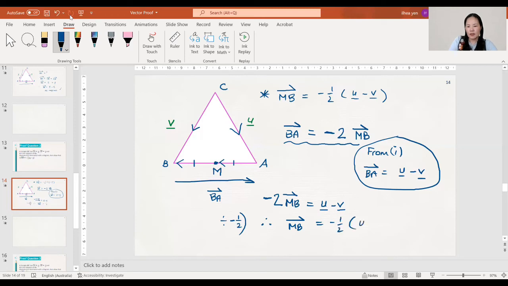It'll be the same as half of vector U minus vector V as required. So from part 1, we know that vector BA is vector U minus vector V, and from the diagram, we know that vector BA is the negative, opposite direction of MB, but it's doubled.